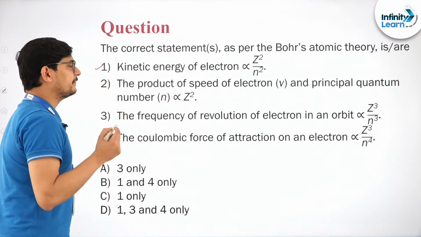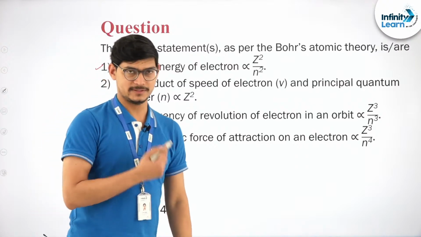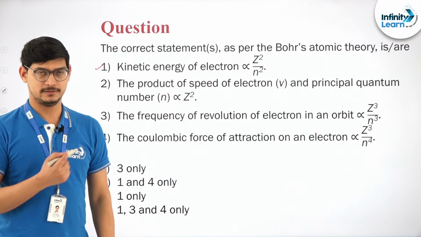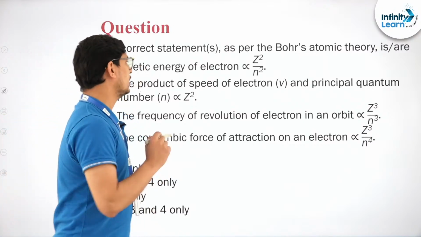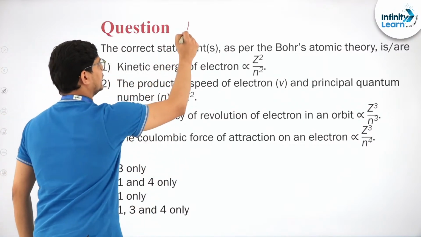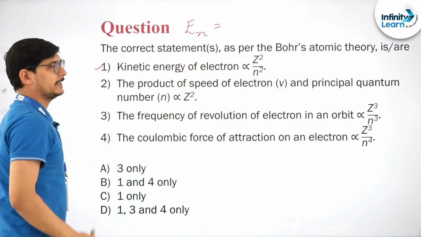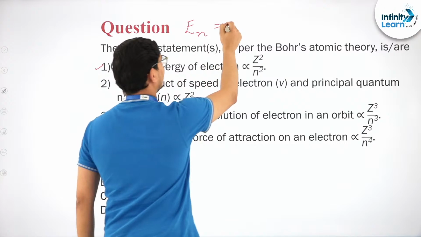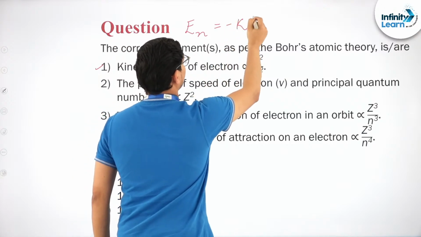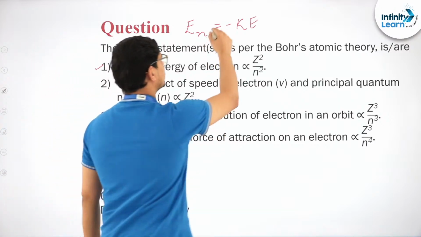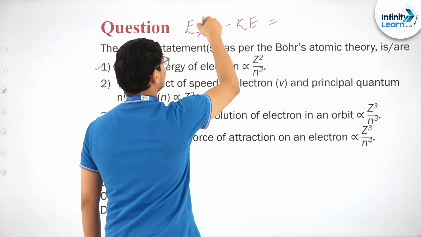Now if you have watched my previous sessions, then I have discussed the energy postulate in detail. In fact, in part 2 of this series, I have discussed that the total energy of electron, which we call En, is actually the negative of kinetic energy. And what was the total energy?